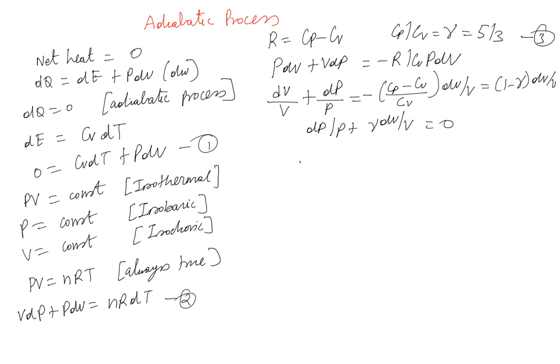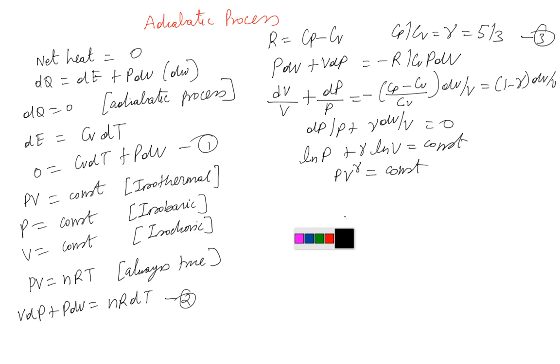We know the integral of this is ln P plus gamma ln V equals a constant. So basically, you integrate here from P1 to P2, and similarly here from V1 to V2. What does this give? This gives us PV to the power gamma equals constant. This is the equation of state of the system for an adiabatic process.